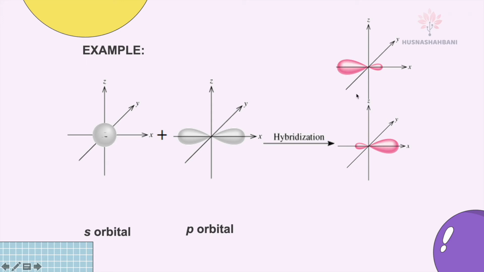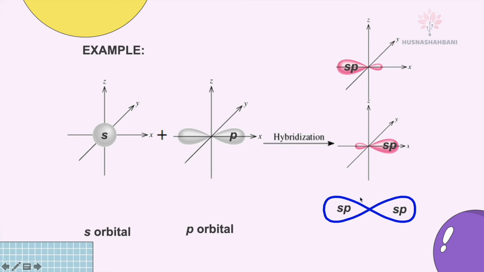When they mix, this is the final hybridized shape of the sp orbitals. You don't draw them separately. This is how you draw 2 sp orbitals.